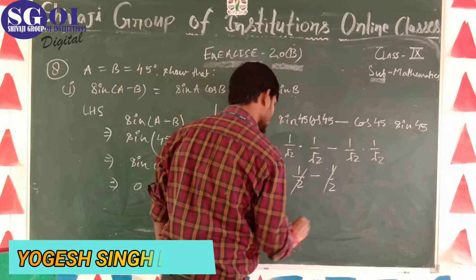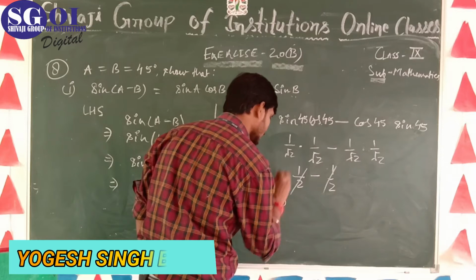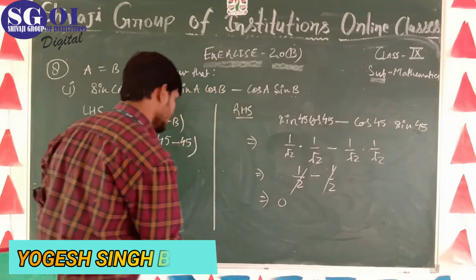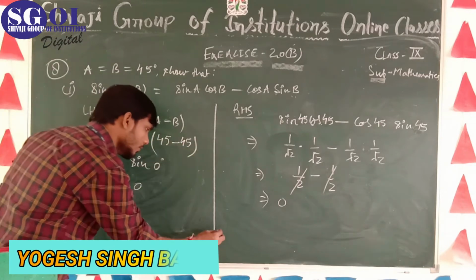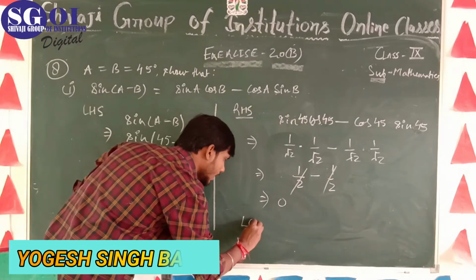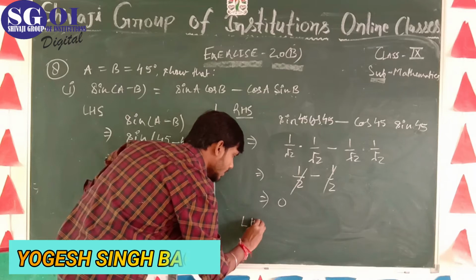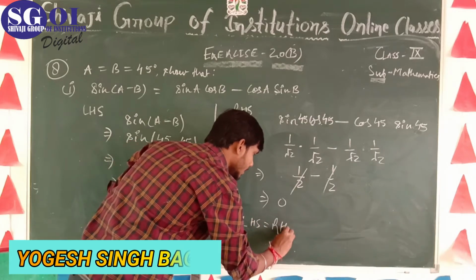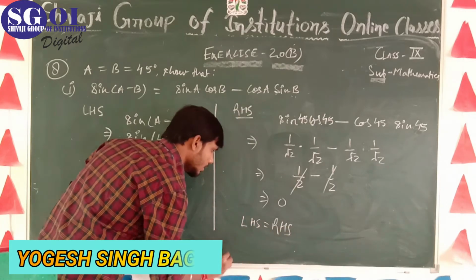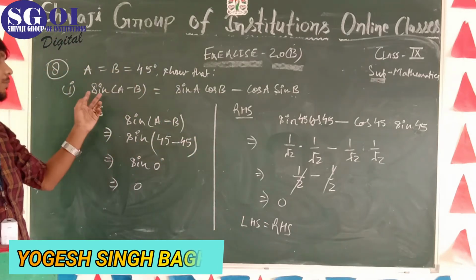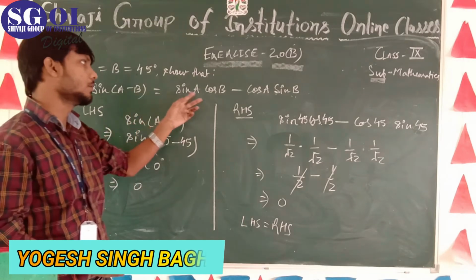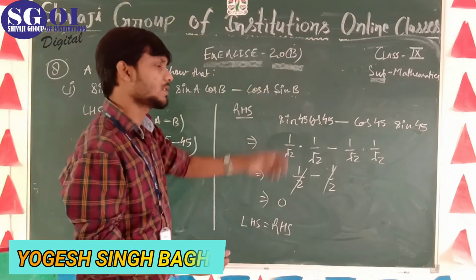So 1 by 2 cancels 1 by 2, so it will be 0. It means from both results we can conclude that LHS is equal to RHS. They are both equal. It means sin(A minus B) is equal to sin A cos B minus cos A sin B.